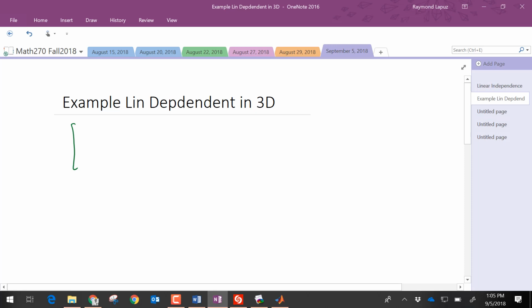So vector 2, 3, 1, and then another vector. And what I'm going to do is find the linear combination so that they would work out.